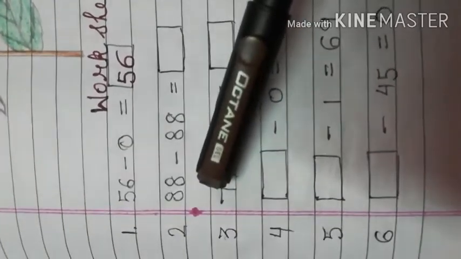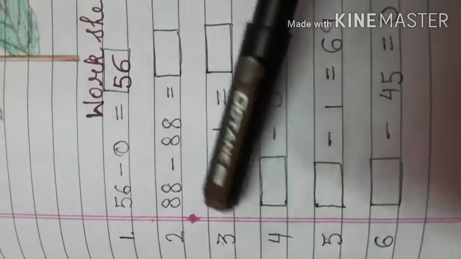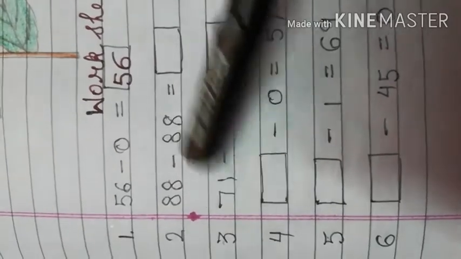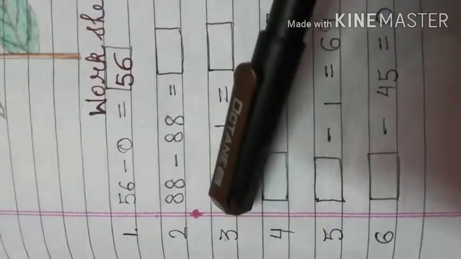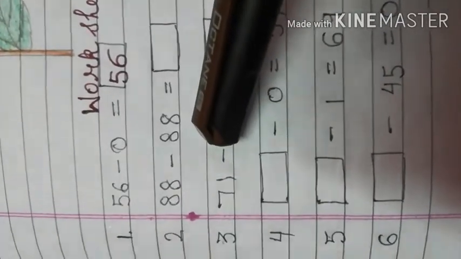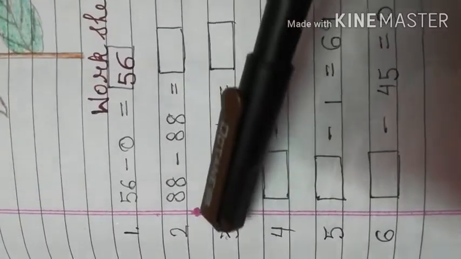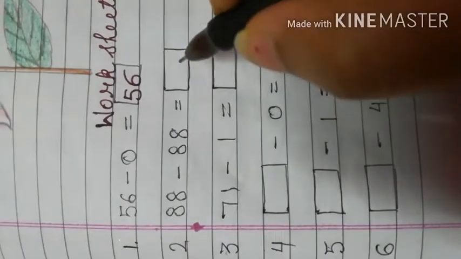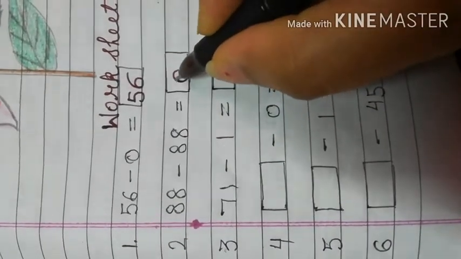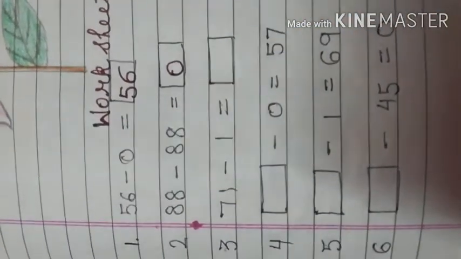Now in second part, what we are doing, we are just subtracting the same number. That means here we are subtracting 88 from 88. That means we are subtracting the same number. So here our answer will be 0, right?